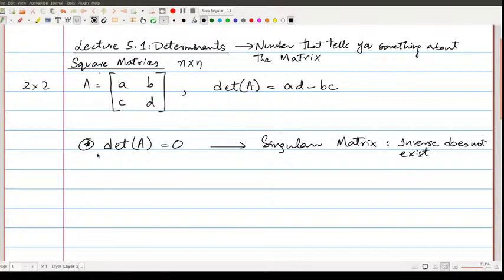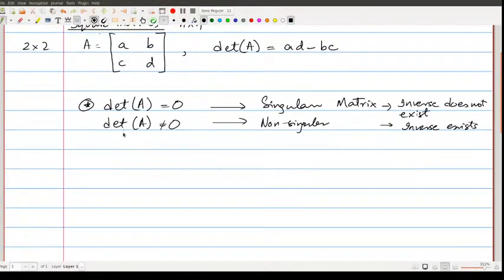But let's start off from this property. And if the determinant of A is non-zero, then the matrix is non-singular, which means that the inverse exists. Okay.